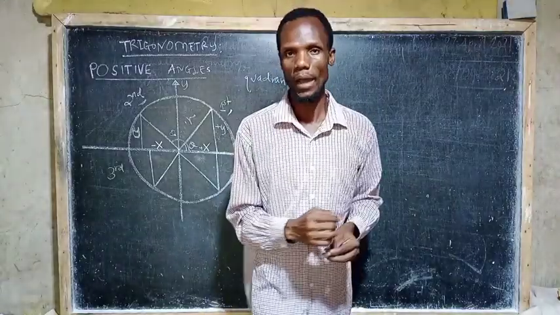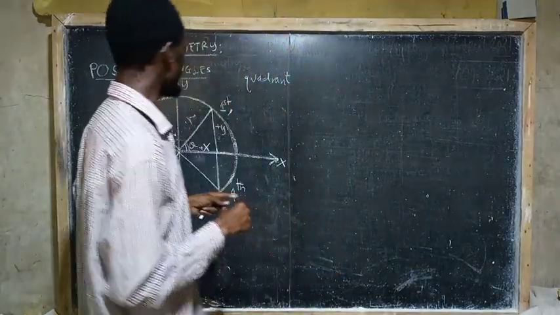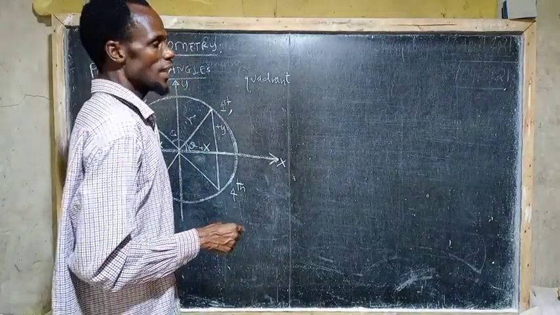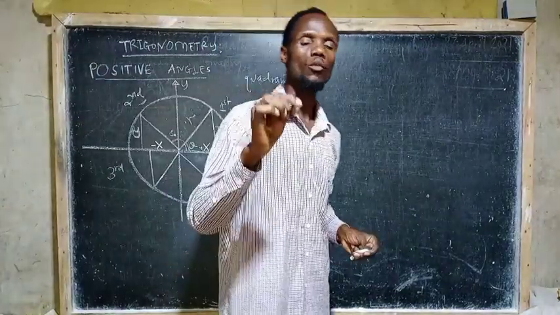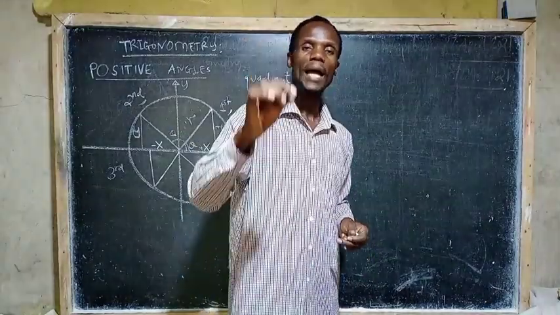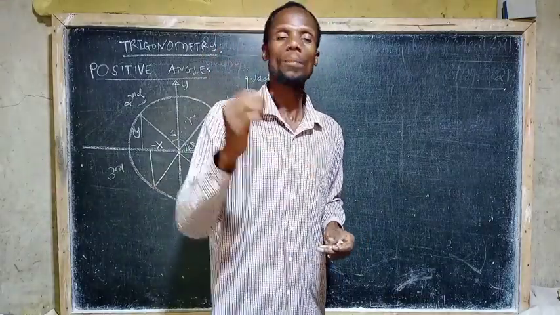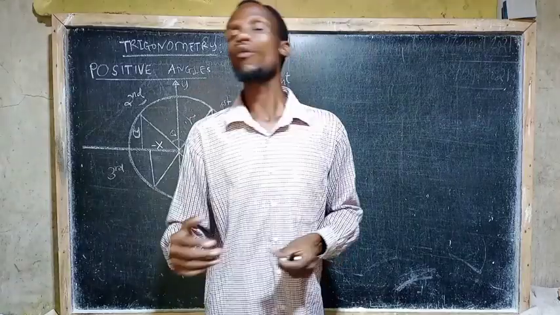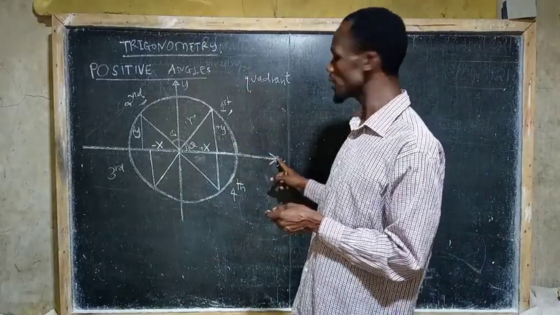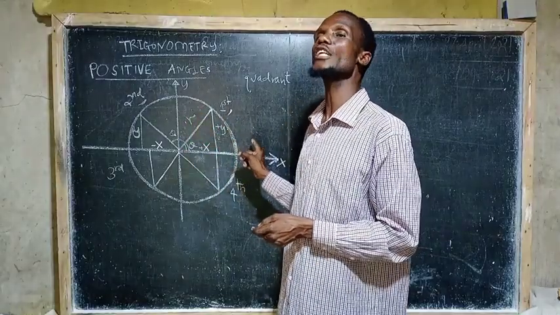Point hii ni muhimu sana kwamba tunapofanya consideration za vector, tulisema vector inapimwa kutoka kwenye east anti-clockwise. Na vector inakuwa given with the direction kwa kutumia angle. Manake the direction of the vector should be given by using an angle or by using compass direction. But here now, we are just talking about angle. So the angles are measured from east and clockwise. Not east clockwise, east and clockwise.